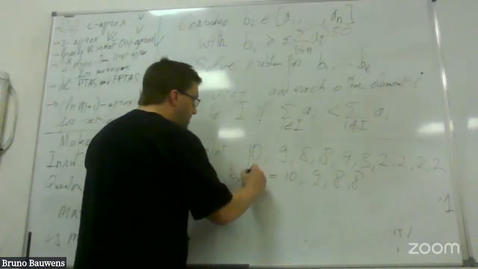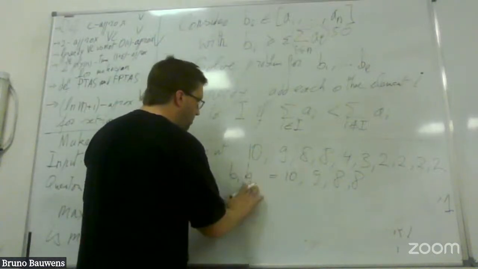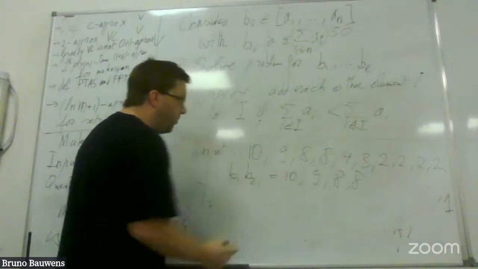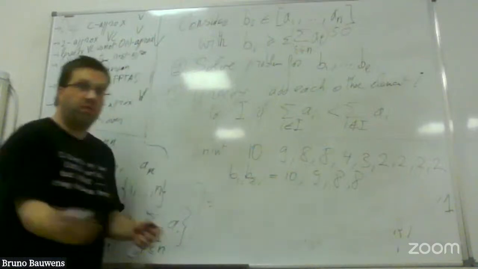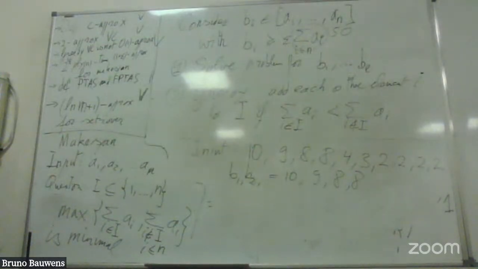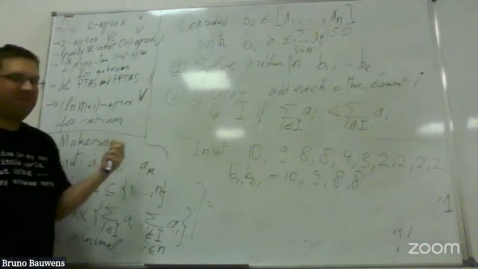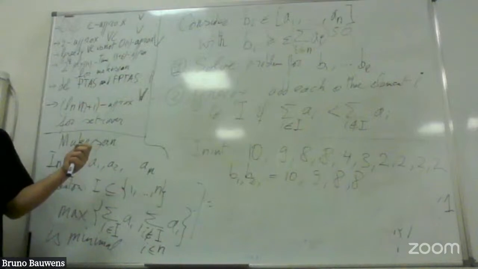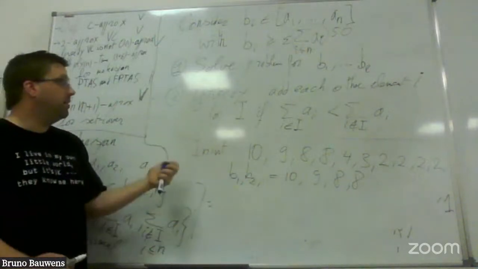If this is our best upper bound, we have a problem because we need to brute force over n elements, which takes time 2 to the power n. But then we're dead. So we need a better exponential bound. We assume that epsilon is very small.